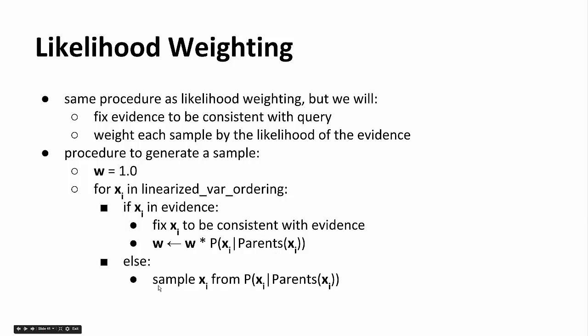Otherwise, if x is not an evidence variable, we'll just sample it normally. Okay, so at the end of this, we'll have generated a sample and an associated weight. Okay, and that weight basically tells us the likelihood that we would have generated the sample naturally. And with this weight, we then don't have to reject any samples, so none of our work goes to waste.